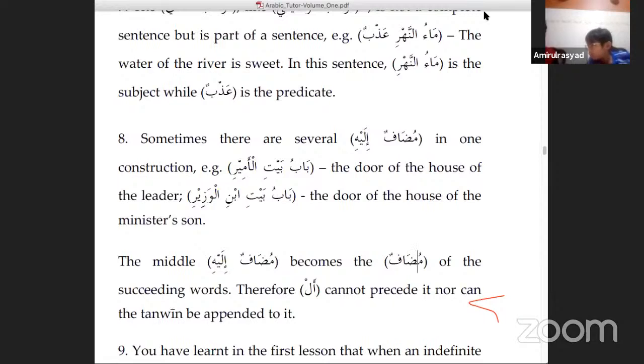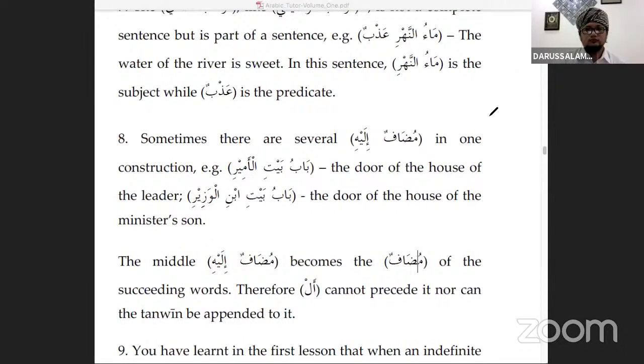Okay, next. Sometimes there are several mudaf ilayh in one construction, okay?